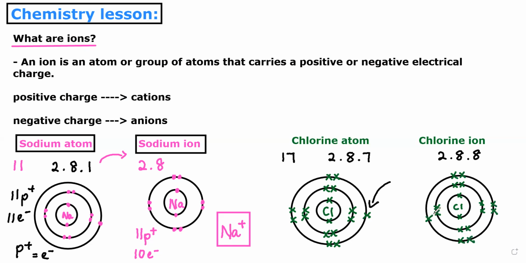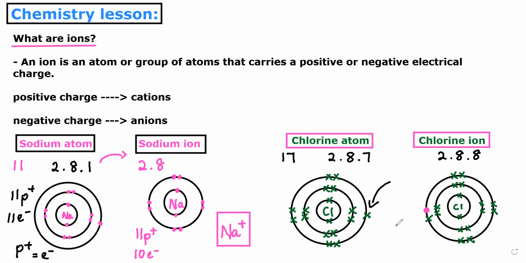For example, let's say it has gained from sodium, forming sodium chloride, the sodium chloride compound. So this is how it has gained 1 electron, meaning now it has 8 in the outer shell.